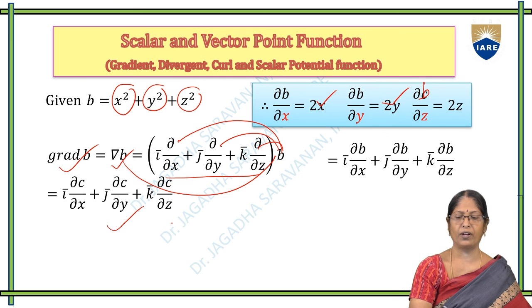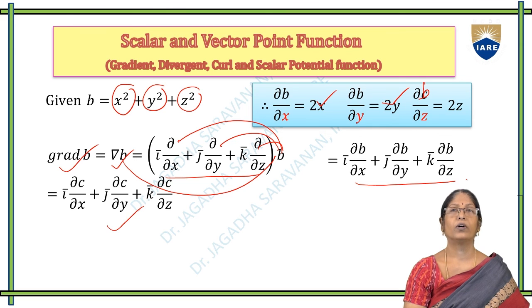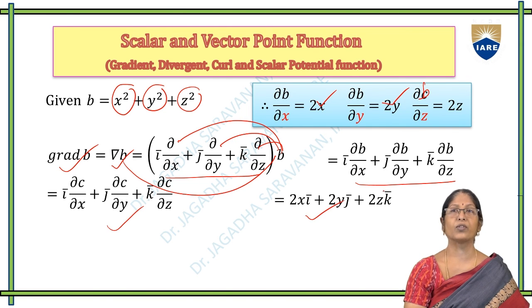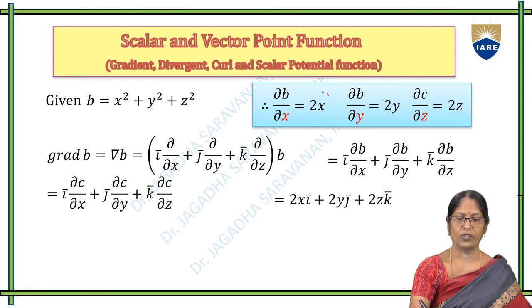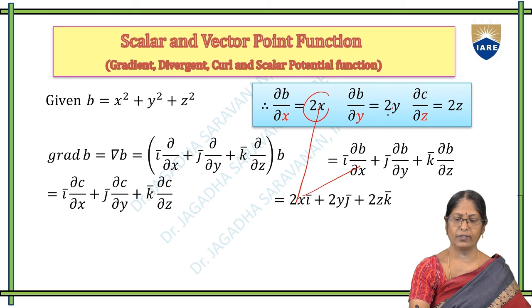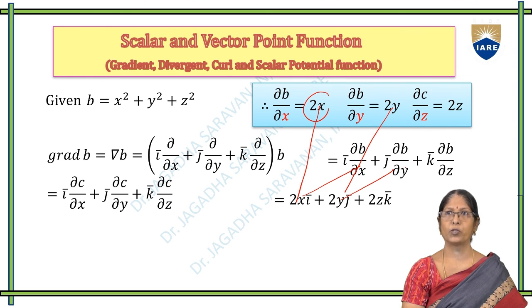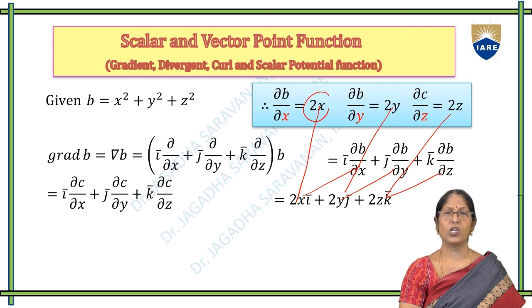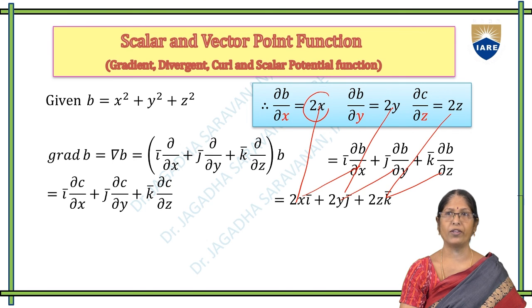We can see it here now. So we completed one. This is the result we obtained. This is replaced by this particular place, and this is replaced by this place, and here which is replaced. So the gradient B we obtained is 2x i plus 2y j plus 2z k.